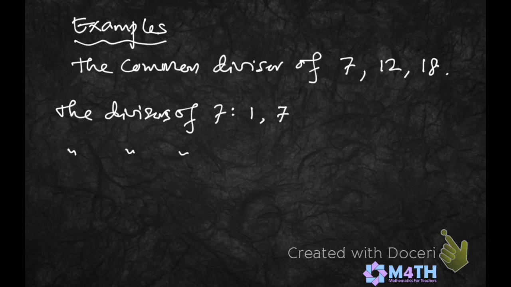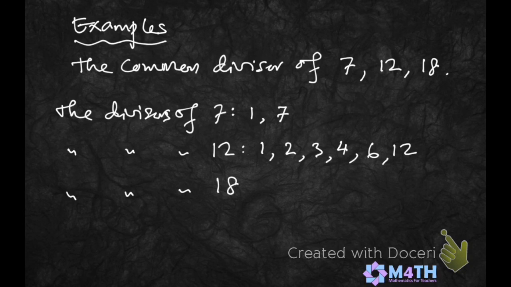The divisors of 12 are 1, 2, 3, 4, 6 and 12. The divisors of 18 are 1, 2, 3, 6, 9 and 18.